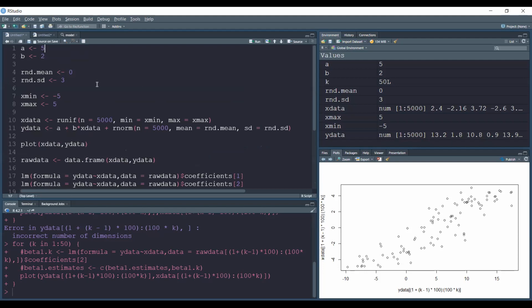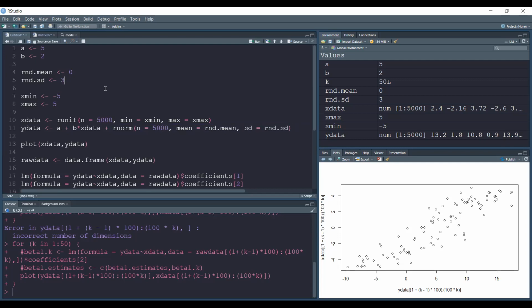I've taken an intercept of 5 and a gradient of 2. We have our random error, our epsilon term, with mean 0 and standard deviation 3.